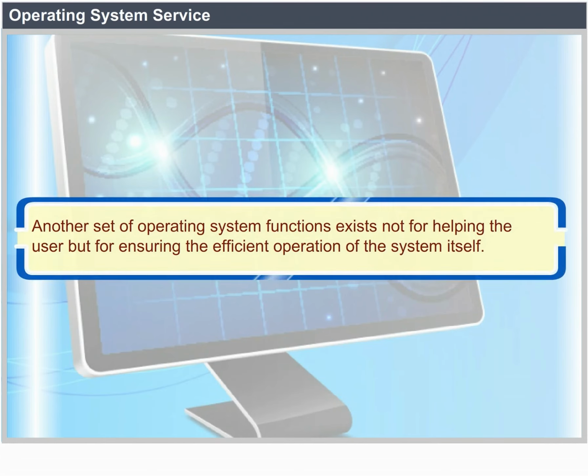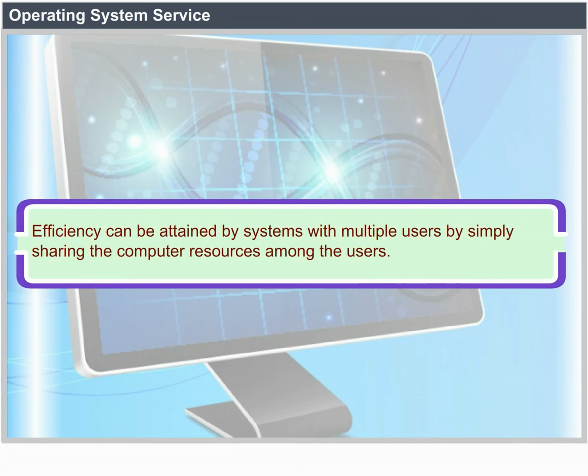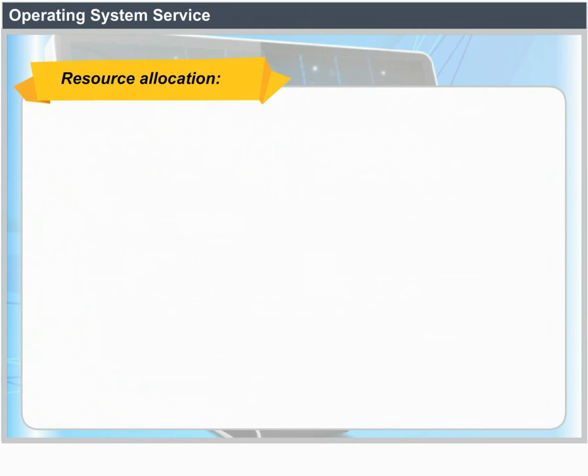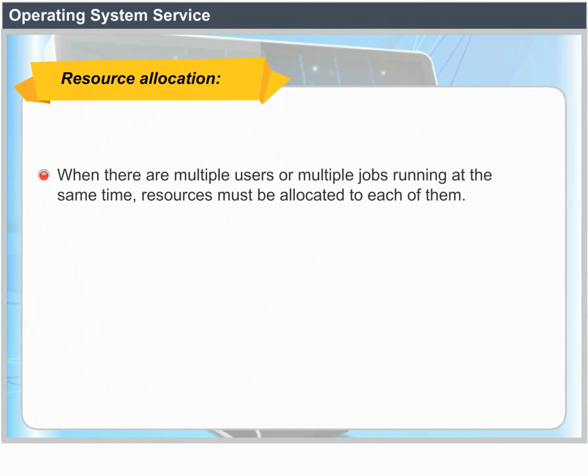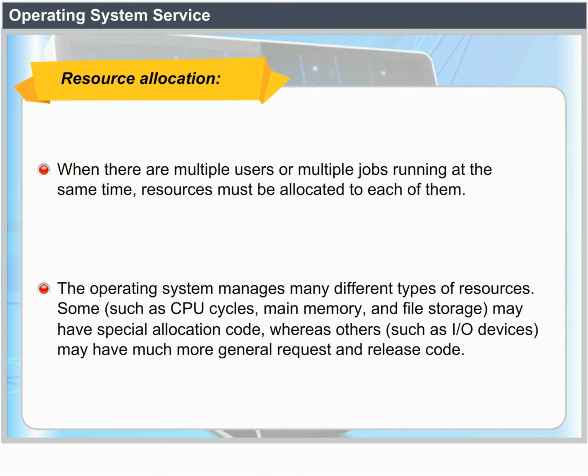Another set of operating system functions exists not for helping the user, but rather for ensuring the efficient operation of the system itself. Systems with multiple users can gain efficiency by sharing the computer resources among the users. Resource allocation. When there are multiple users or multiple jobs running at the same time, resources must be allocated to each of them. The operating system manages many different types of resources.